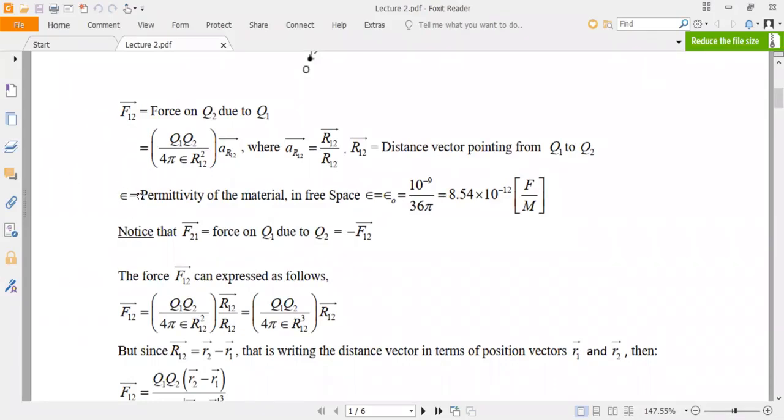That epsilon is the permittivity of the material. It's a unique property of a material. Every material has unique properties, and these are captured under permittivity.